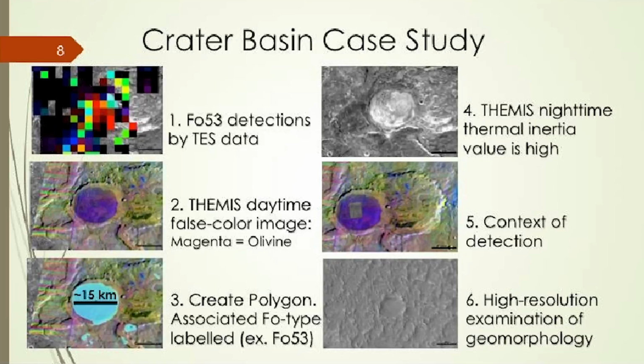That's telling us it's Fo 53, but it could really be anywhere within those squares, which can cover like 100 kilometers. So it really depends. There is definitely significant uncertainty in determining the olivine type because of TES's limited coverage. It also only covered about 50% of the area, so we were only able to map about 50%.